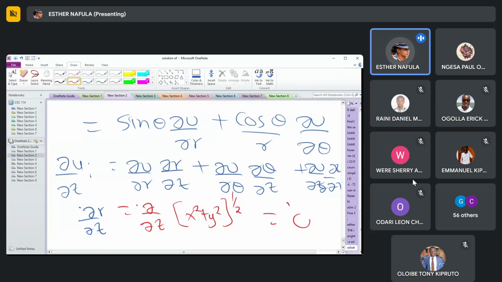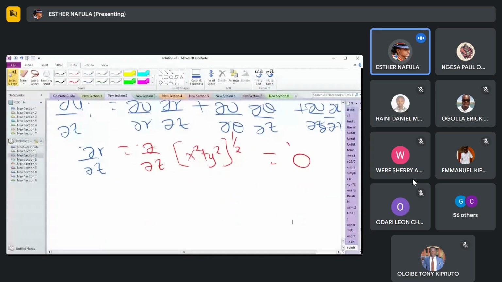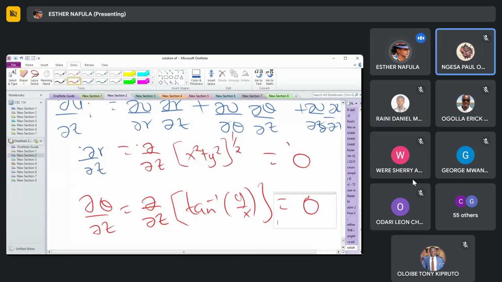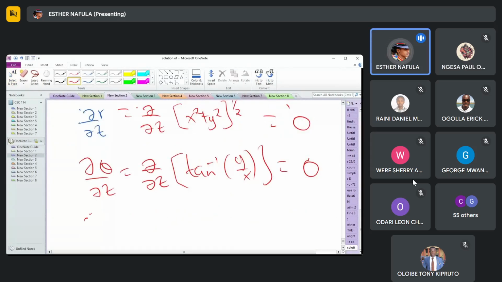This is equal to 0. We also need partial theta partial z. It's the partial derivative with respect to z of theta, which is tan inverse of y over x. What is this equal to? 0. Next, we need partial z partial z. Partial derivative with respect to z of z. If you differentiate z with respect to itself, you get 1.